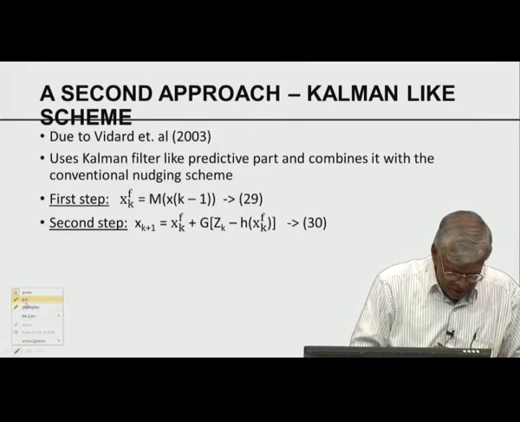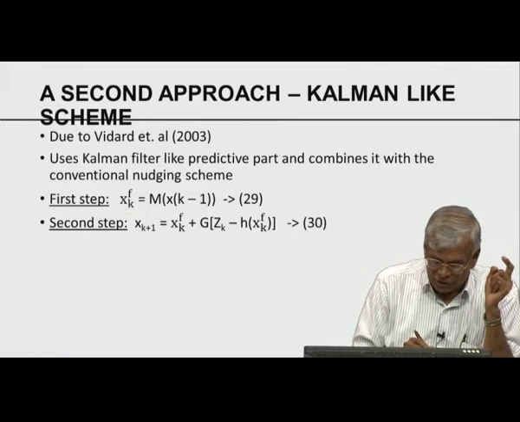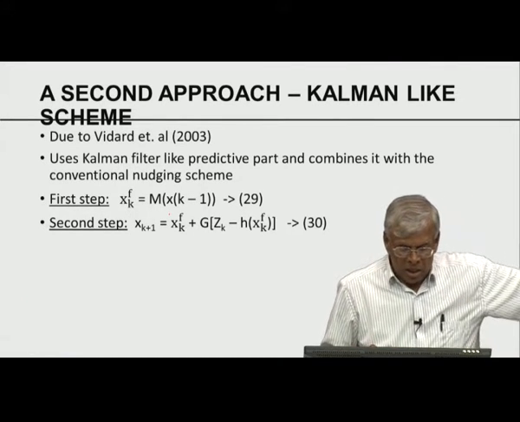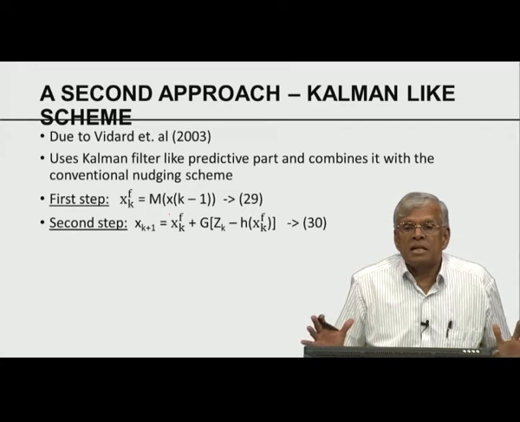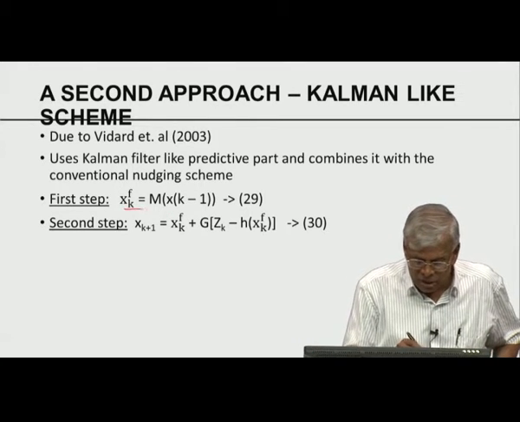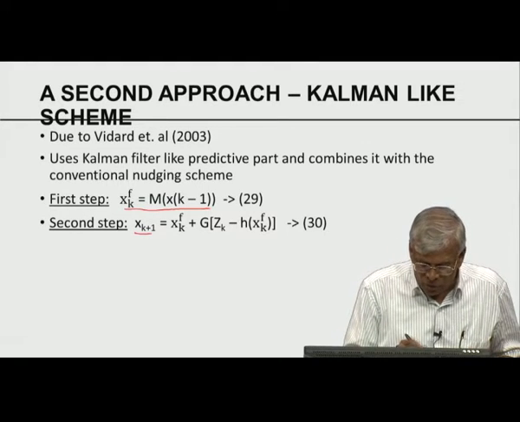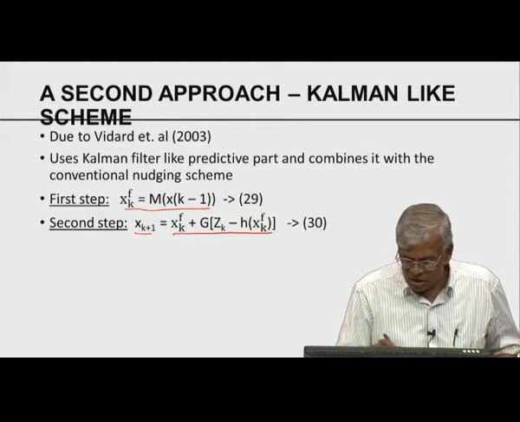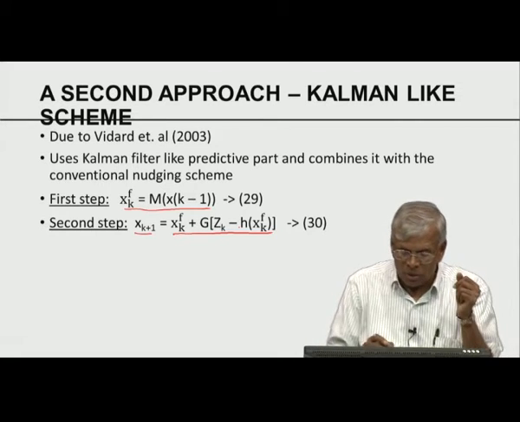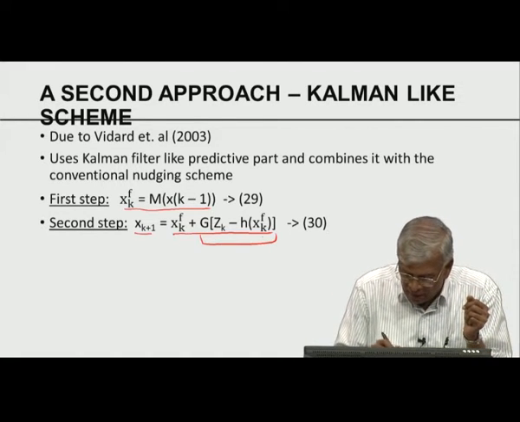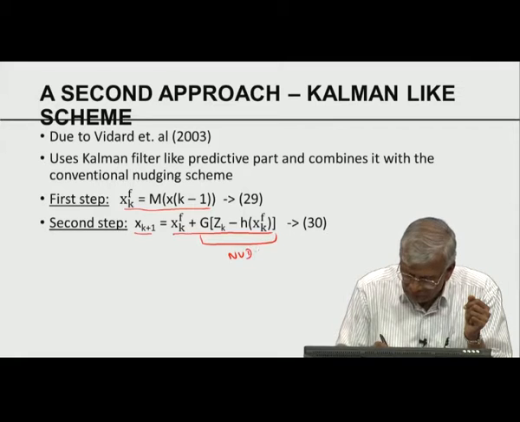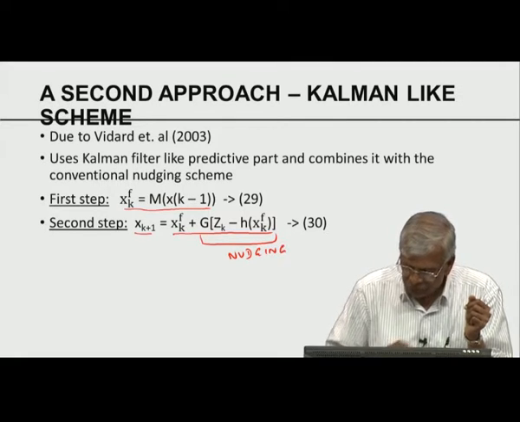So what is the thing in here? The first step is the following. Let x_{k-1} be the state I know. I am using the model to create a forecast. The second step is I am going to do an analysis, which is forecast plus G times (z_k minus H x_k^f). So what is this? This is the nudging part.